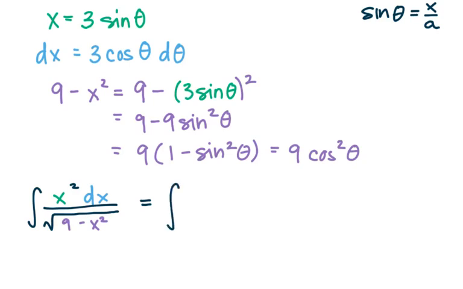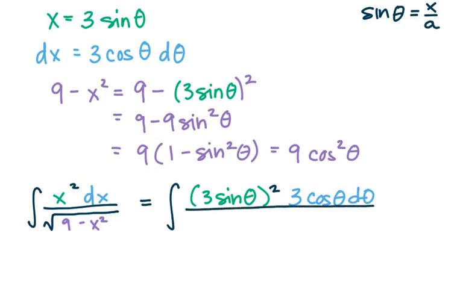So x, we say, is 3 sine theta, and that needs to be squared. dx is 3 cosine theta d theta, over the square root of 9 cosine squared theta. So we've created all of our substitutions based off the initial condition for the substitutions that we set.